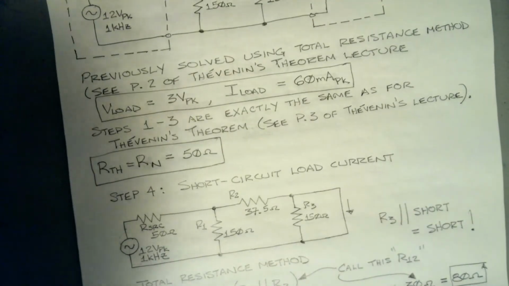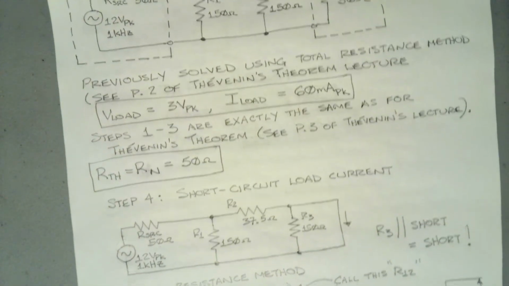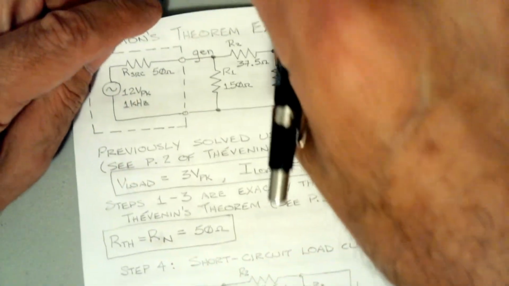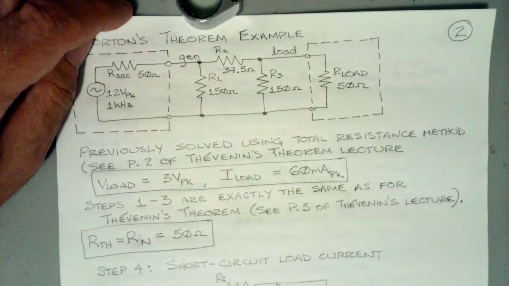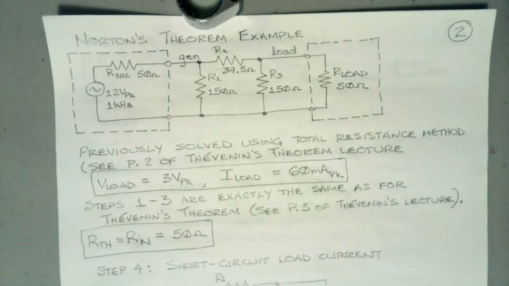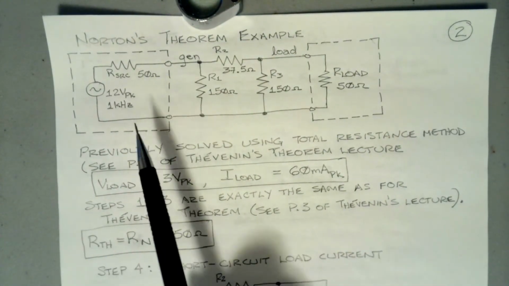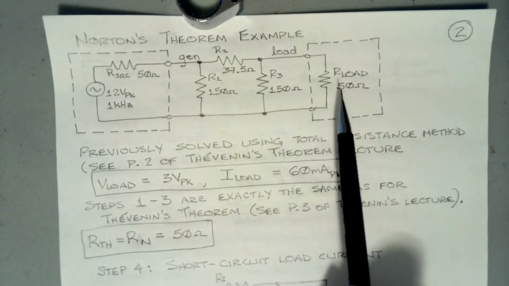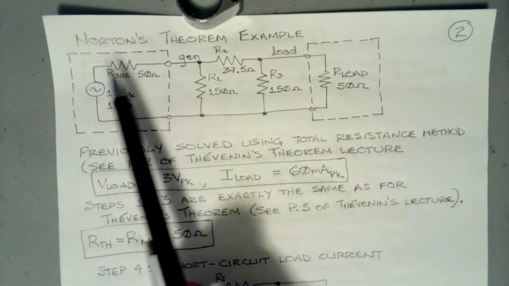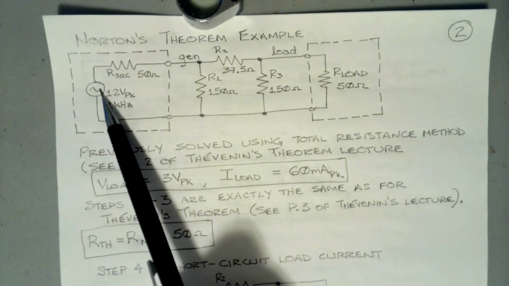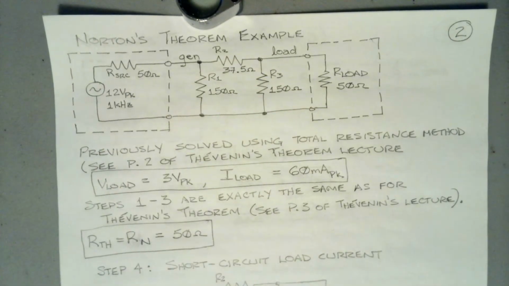Let's go back to our example, the same example we had with Thevenin. We had some kind of generator that had a Thevenin equivalent: a voltage source and a series resistance.